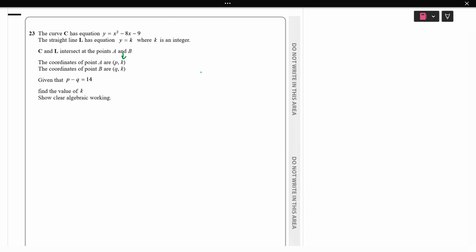So the curve is passing through here, the straight line passing through here. Here is point A, here is point B. So this is (p, k) and this is (q, k). The difference between the two x-values is given, which is 14. Find the value of k.